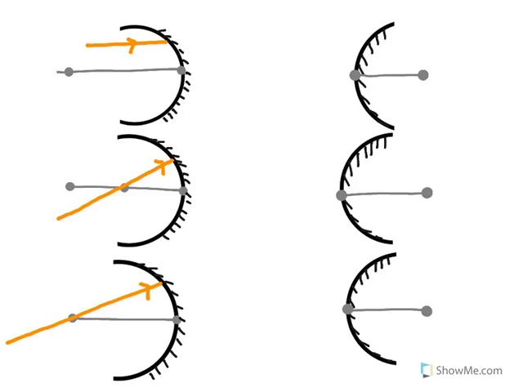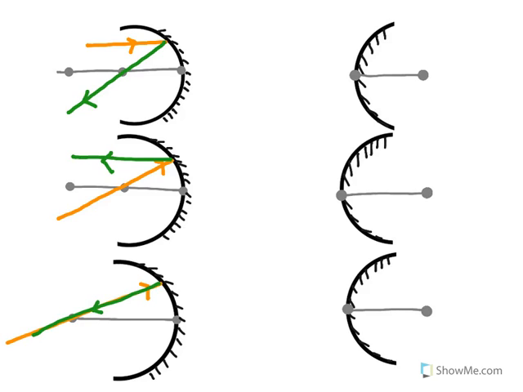How did these rays behave after reflection? The one that went parallel, after reflection went through the focus. The one that came from the focus, after reflection went parallel. And the one that came through the center of curvature retraced its path.